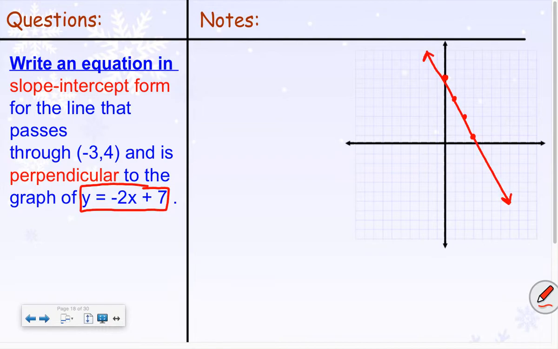So our equation is y equals -2x plus 7. Now I know that my new line has to go through the point (-3, 4). So I'm going to graph (-3, 4) and write down that point.